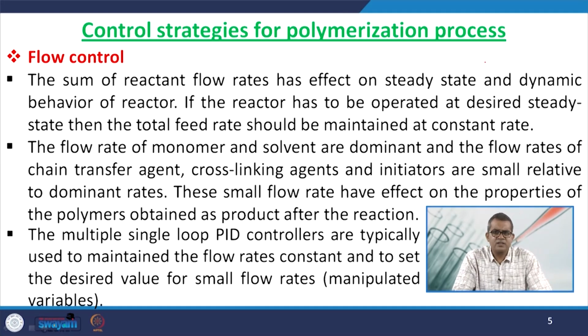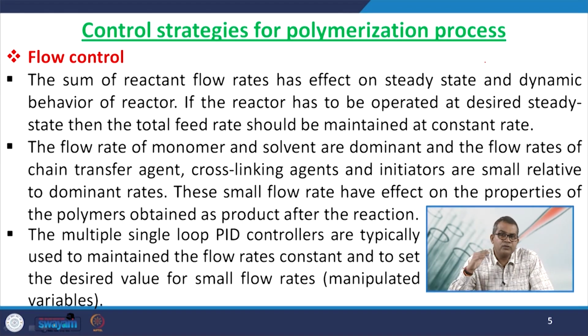The next approach is flow control. Flow control is again very important. The sum of the reactant flow rates has an effect on the steady state and the dynamic behavior of the reactor. Now, if the reactor has to be operated at the desired steady state, then sometimes the total feed rate should be maintained at a constant level.